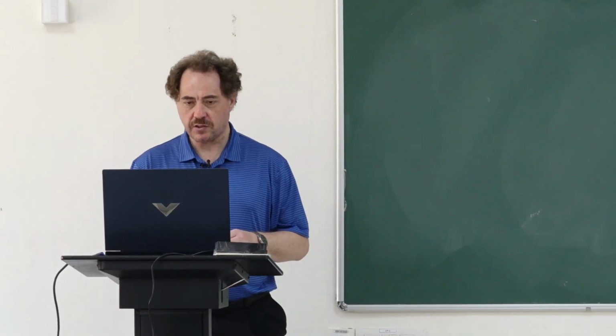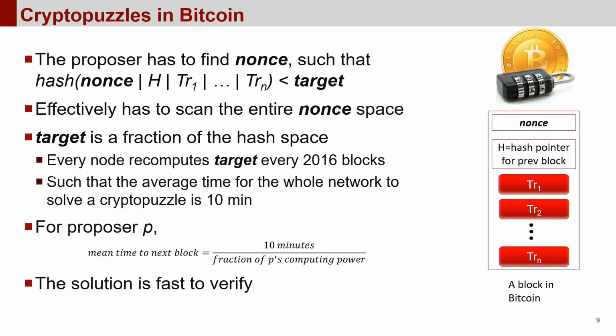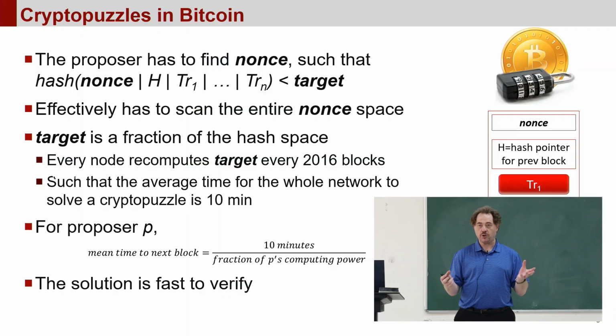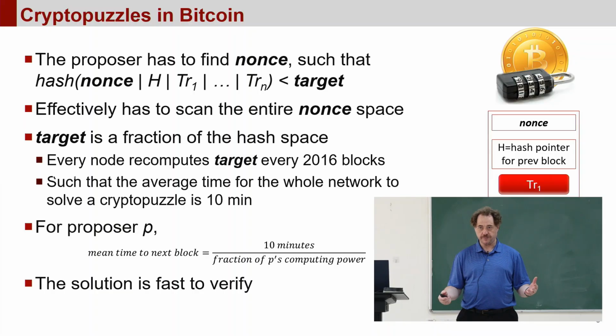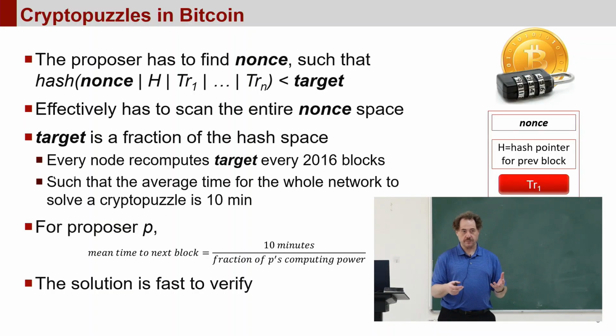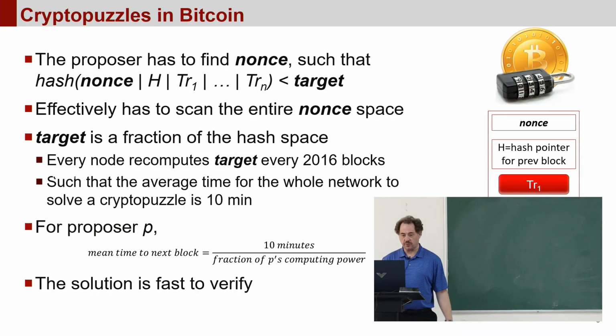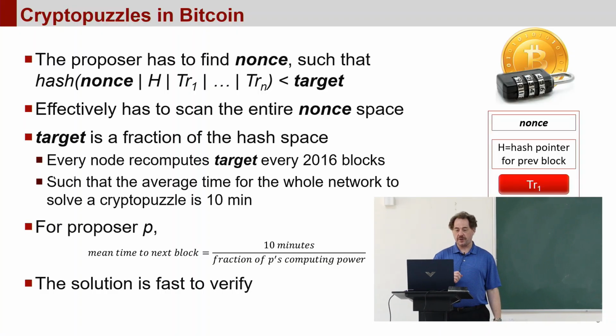Okay, so let's talk about the crypto puzzles in Bitcoin. We said that in order to gain the right to propose a block, a miner needs to do some hard computation and show a proof of it. What's the mechanism? The mechanism is called proof of work. In Bitcoin, it's implemented by crypto puzzles.